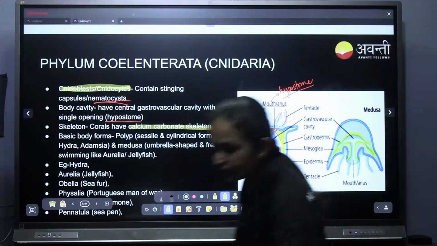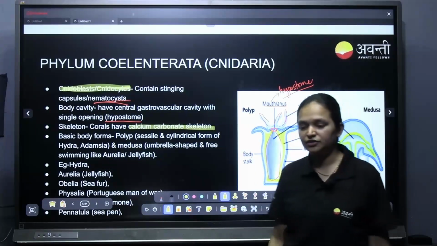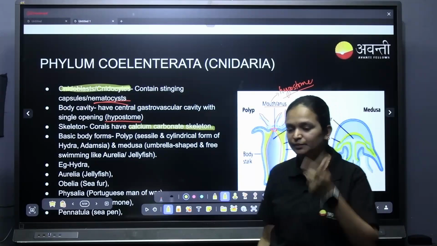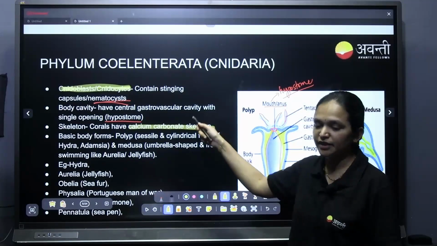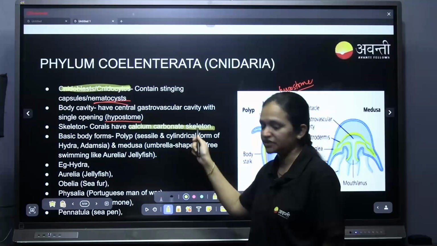Corals are the ornaments in jewelry, the corals you wear, right? Those corals belong to this particular phylum, and they have the calcium carbonate skeleton.